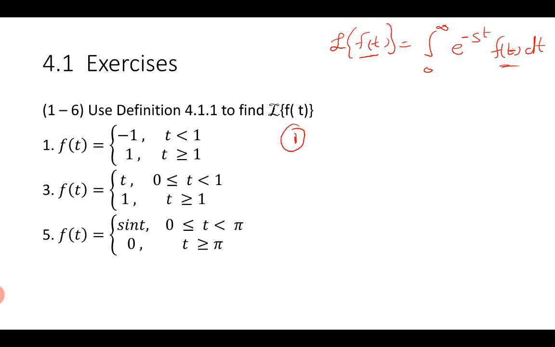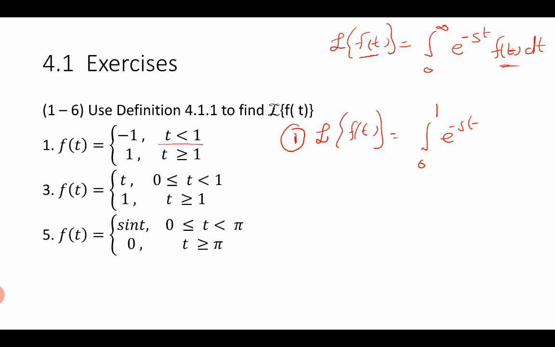I write the Laplace of f of t here, and remember this is a split function, I mean a piecewise defined function, and we have to write the integration for the first interval: integral 0 to 1 e raised to minus st f of t dt.